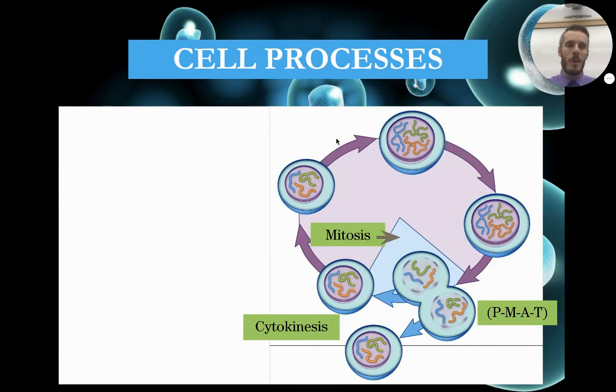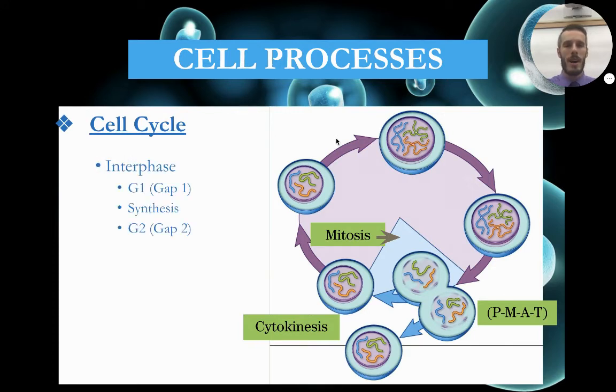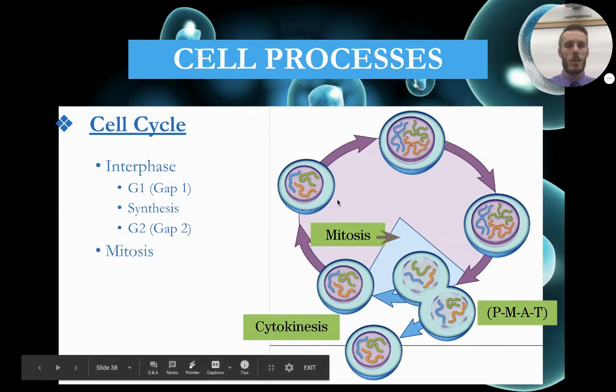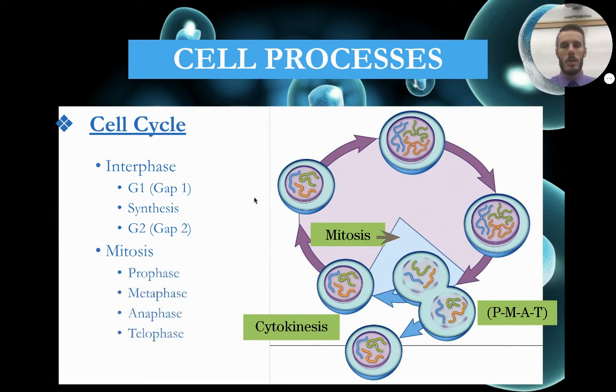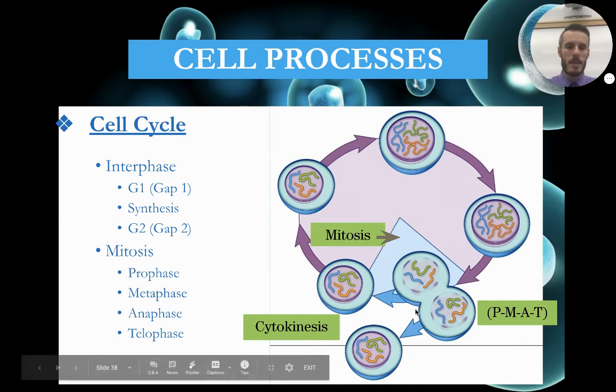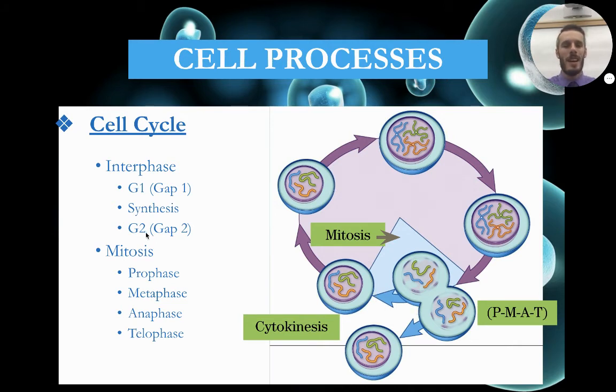So that brings us to mitosis. And we're not going to go into too much detail here in mitosis, but this is the whole cell life cycle here. And we start with interphase, which actually is not shown in this diagram. Or no, I'm sorry, it is.